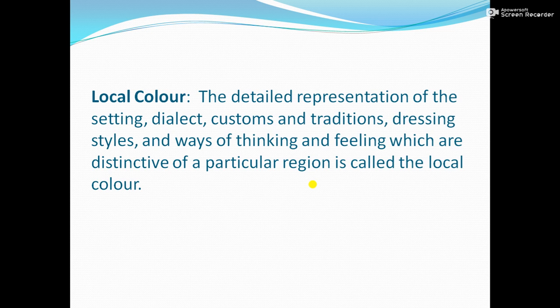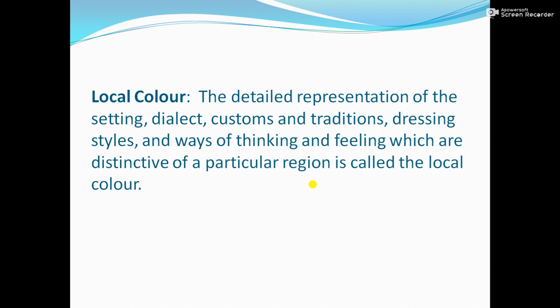Then comes dressing styles. It is not very difficult to understand the words dressing styles. Again, for example, in different parts of Maharashtra, the traditional dressings are quite different from each other, right?